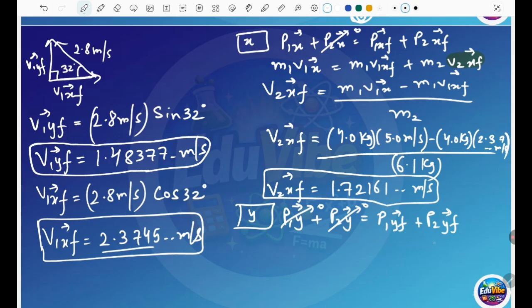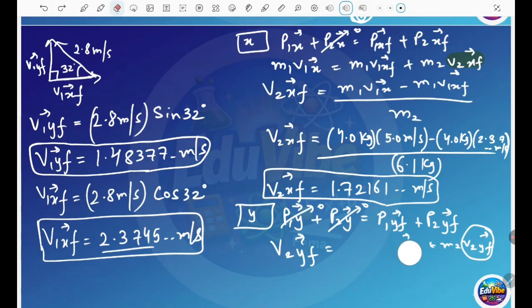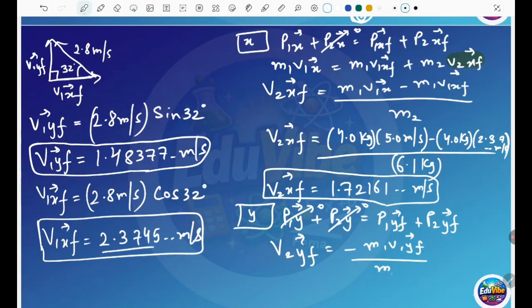So we are left with this bracket, M1V1y final plus M2V2y final, and we have to find this. So V2y final is isolated, which is equal to negative M1V1y final divided by M2.